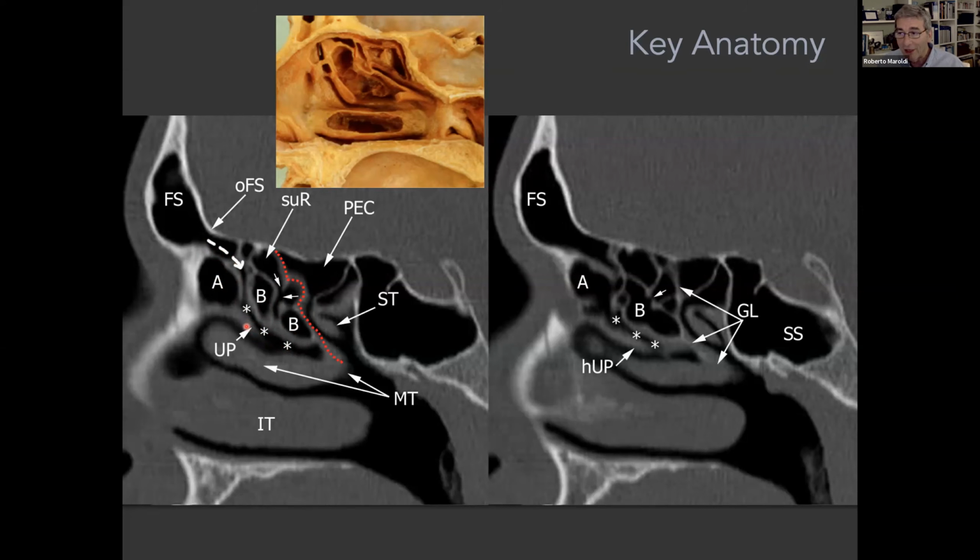The anatomy can be very different from one side compared to the other side, and then posteriorly, we see that we have the posterior ethmoid cells, the superior turbinate, and the sphenoid sinus.